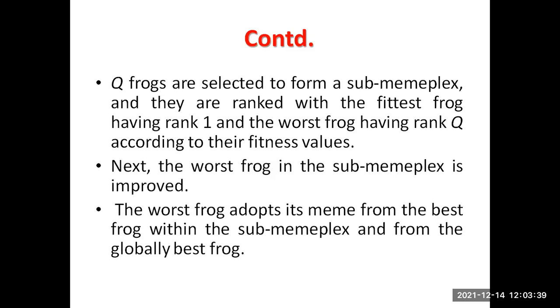So Q frogs are selected to form a submemplex. The formation of the submemplex depends upon the probability distribution function. They are ranked with the fittest frog having rank 1 and the worst frog having rank Q according to their fitness value. Next, the worst frog in the submemplex is improved. Obviously, they will always try to improve their performance when sharing this information.